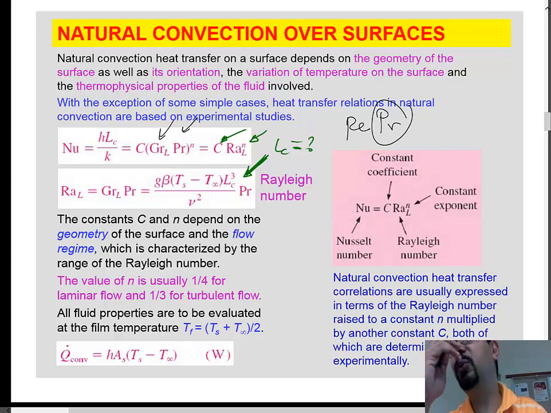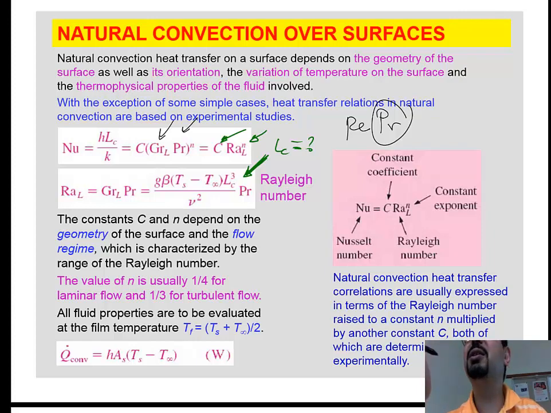The Prandtl was the ratio between, does anyone remember? How the boundary layers propagate: the ratio between the momentum boundary layer and the thermal boundary layer. The ratio between nu and alpha.